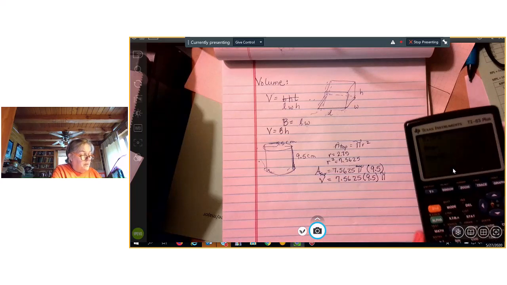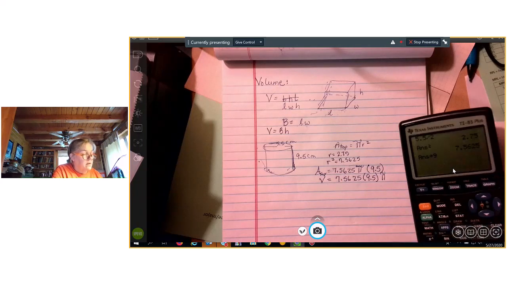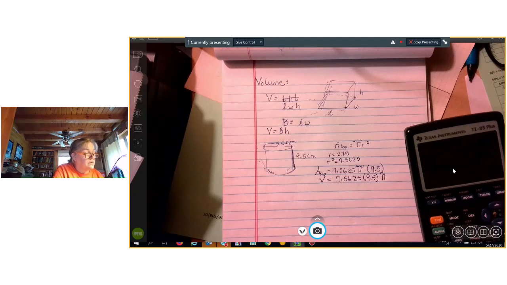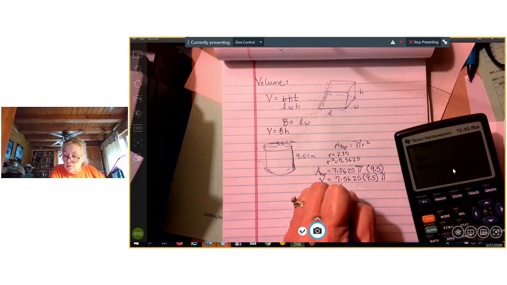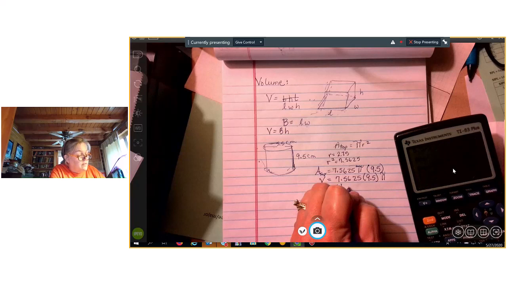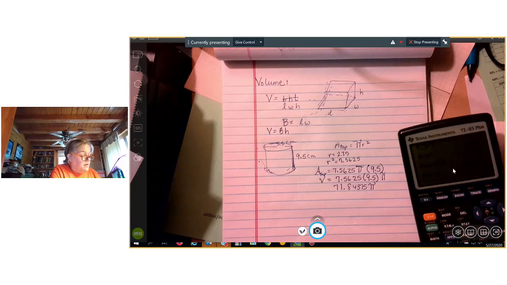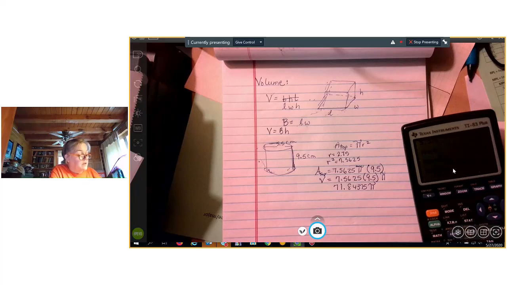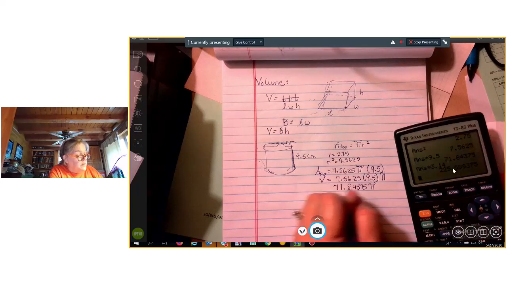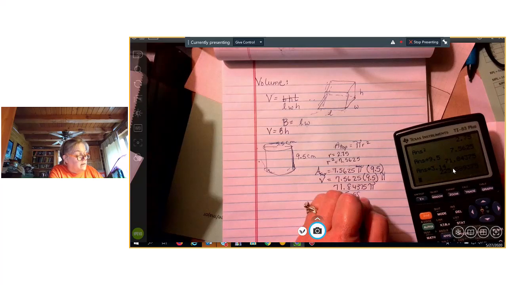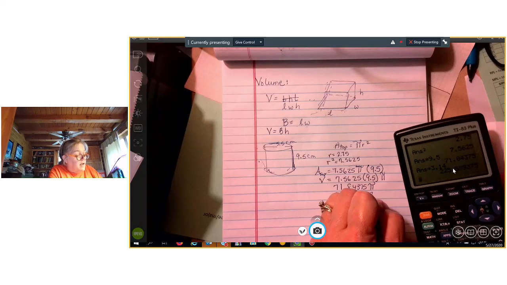So times 9.5 equals 71.84375 pi. If you want to times that by 3.14 to get an estimate, then you get approximately 225.589375.